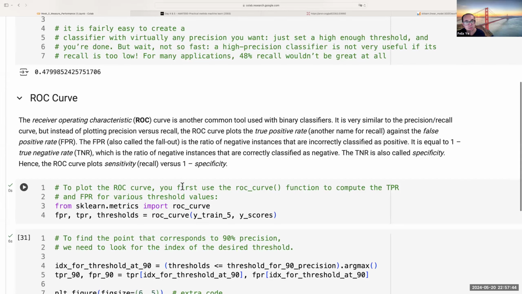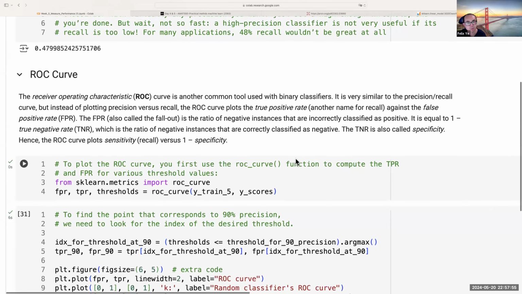And this is the ratio of negative instances that are classified as negative. So this is the way that we can calculate the true positive rate and the false positive rate.